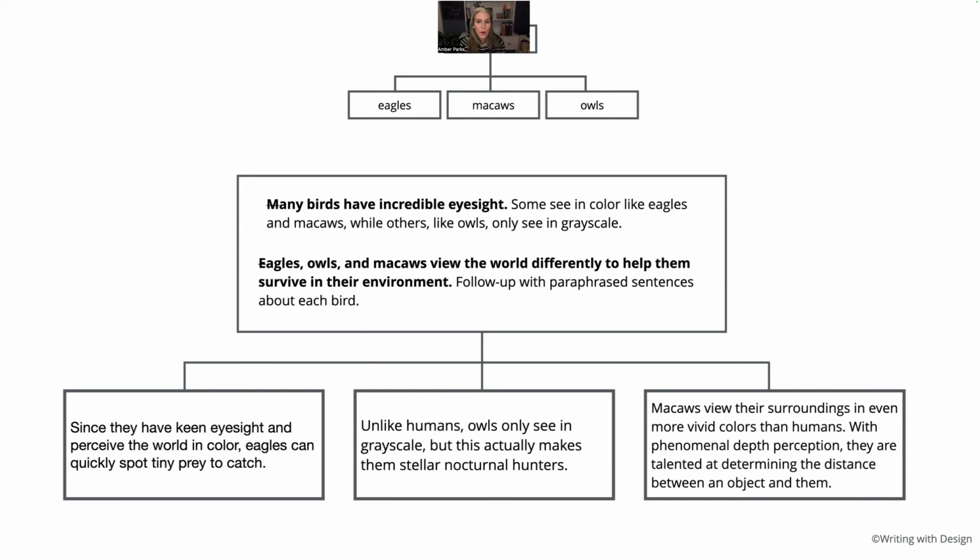And then we could follow up with the paraphrase sentences about each of the birds. So this is where paraphrasing and summarizing, while they're distinct, work very well together. This is a great example of that for you to see. And this is where, when we paraphrase, when we take someone else's writing and say it differently, our insight really shines.